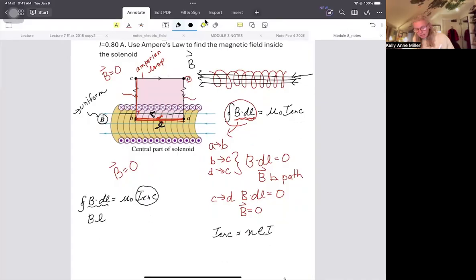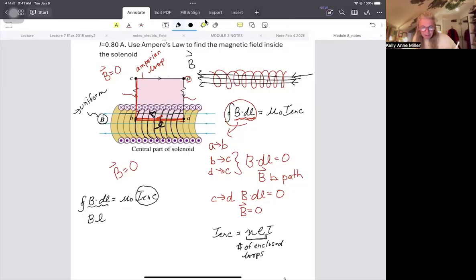Because this N times L is the number of loops that are enclosed by my Amperian path here, if that makes sense.